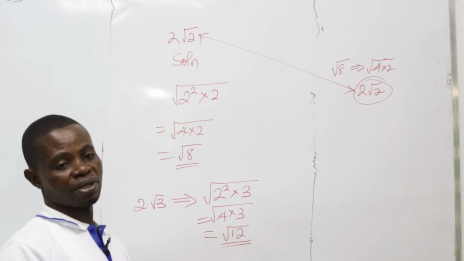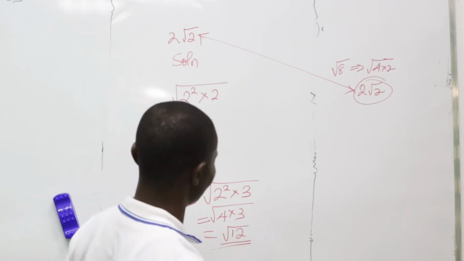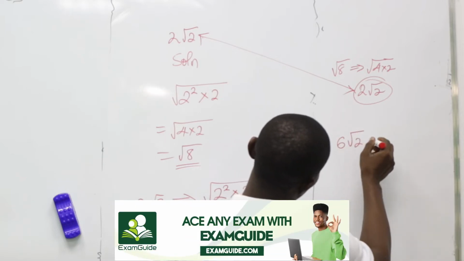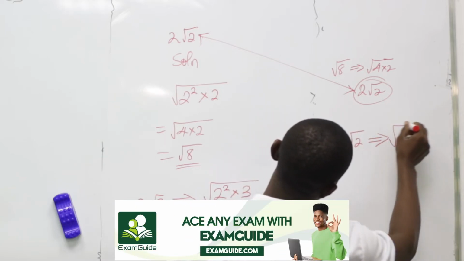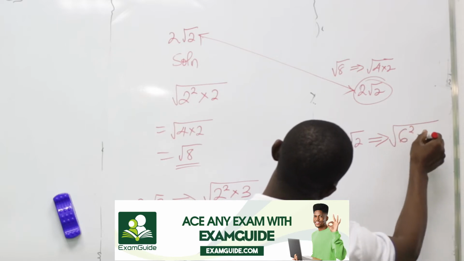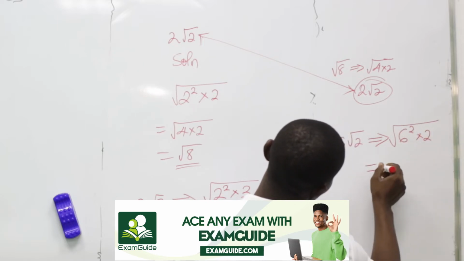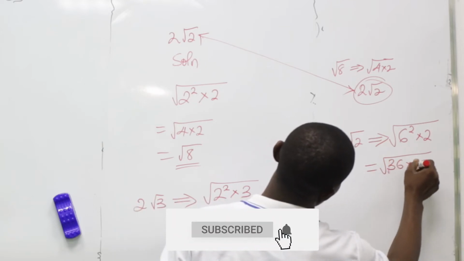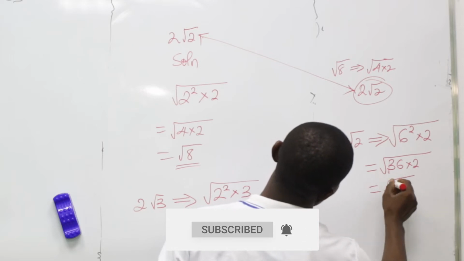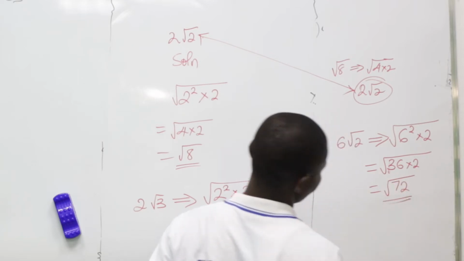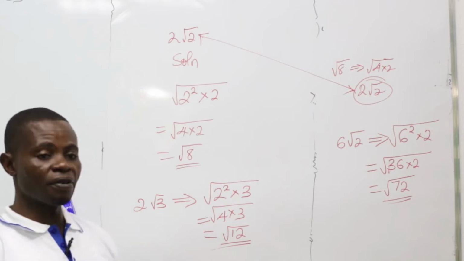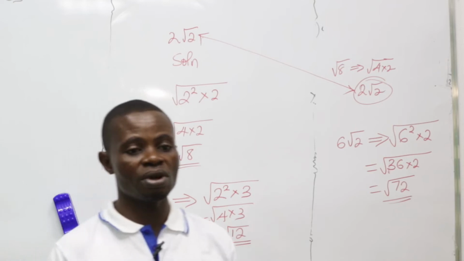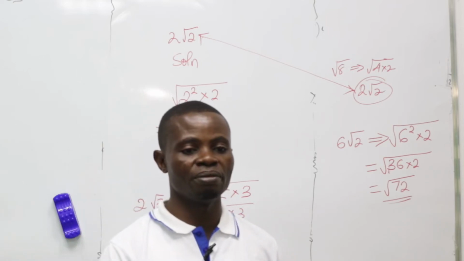We want to express 6 root 2 as square root of a single number. 6 root 2 will give us 6 squared multiplied by 2 to give us what? 36 times 2 to give us root 72. So that is that for expressing a given surd as square root of a single number.